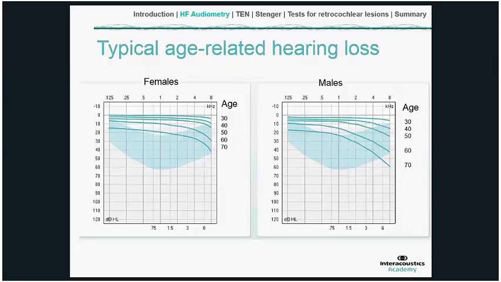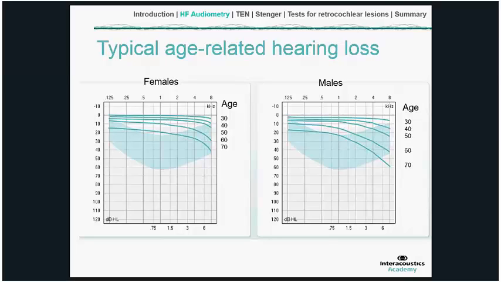And here we have, on the left and on the right, separated according to female and male, the typical expected pattern of age-related hearing loss. Each of these lines on the audiograms is broken down according to age group, and so we can see that as the individual gets older, this is group level data here, the hearing sensitivity gradually declines, but that decline is slightly greater in the higher frequencies for the reasons that I was just mentioning.